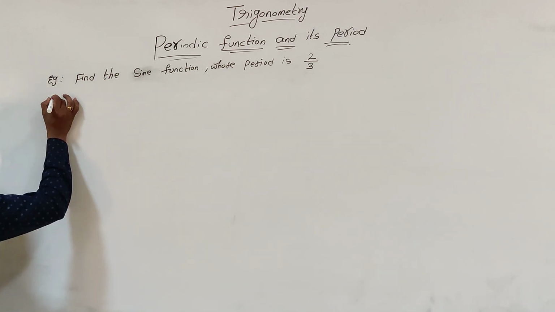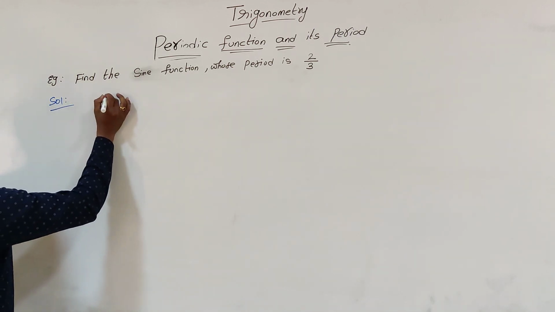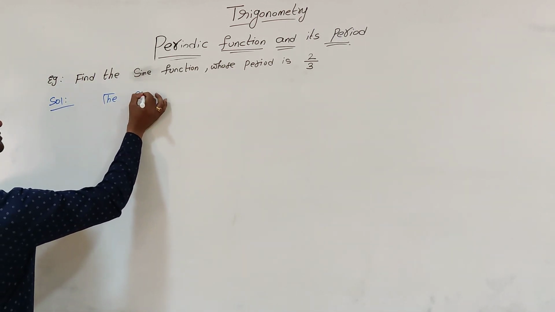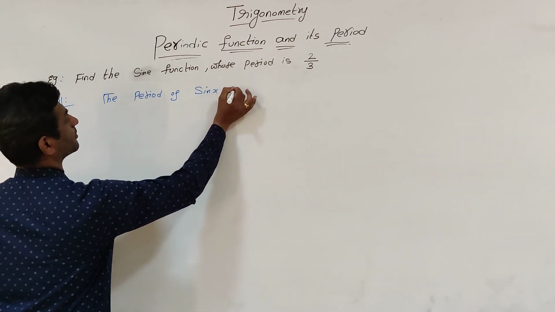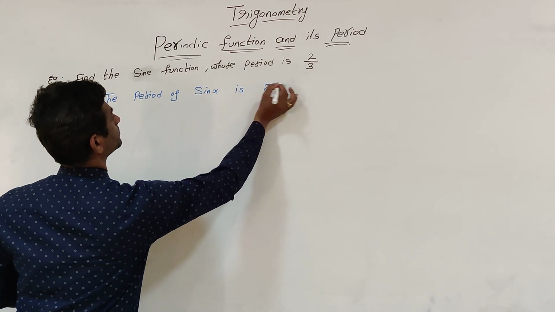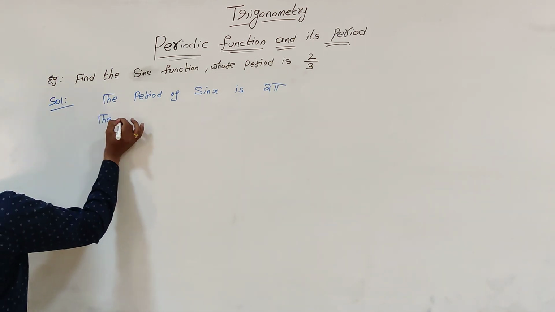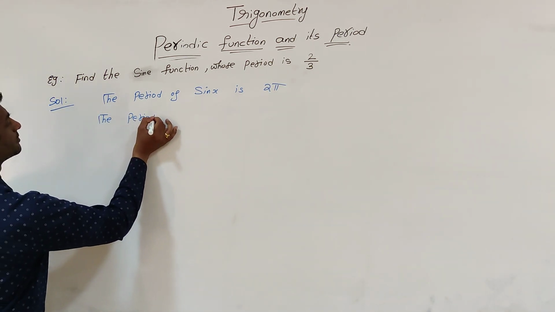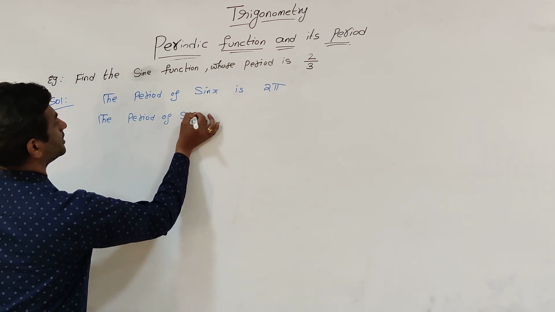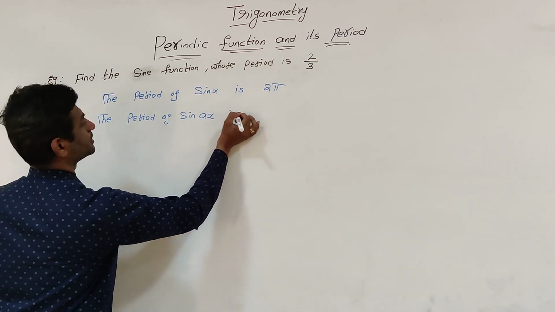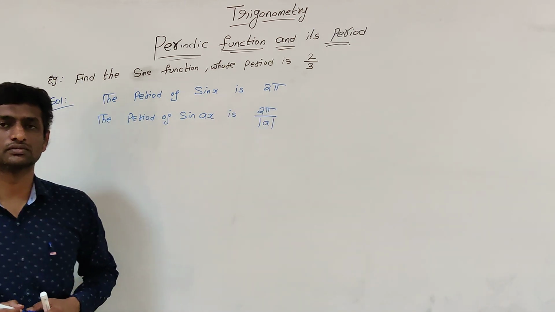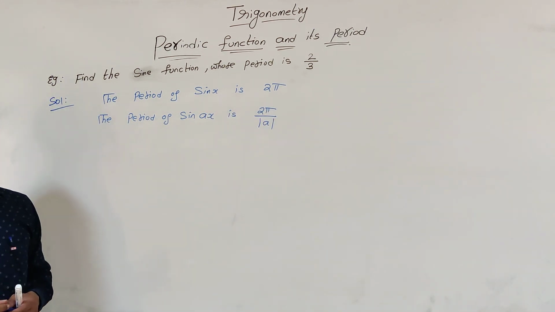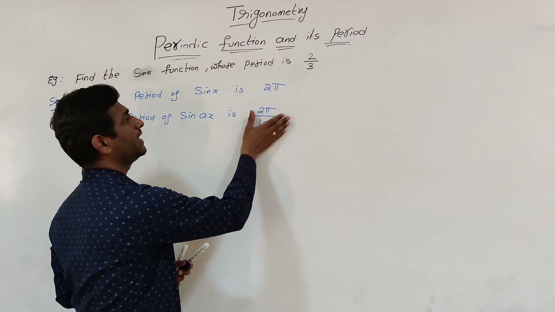Now we know the period of sin x is 2 pi. The period of sin ax is 2 pi by mod a. But the period 2 pi by mod a is given as 2 pi by 3.